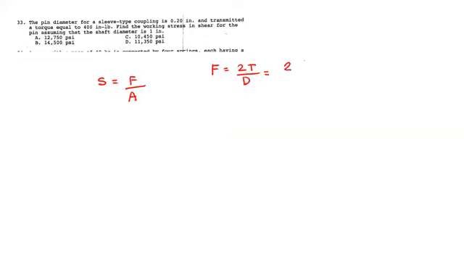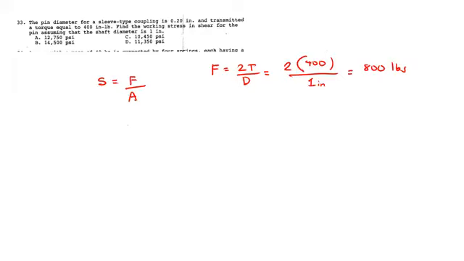So 2 times torque of 400 inch-pounds, divided by the diameter, which is 1 inch. So equals 800 pounds.